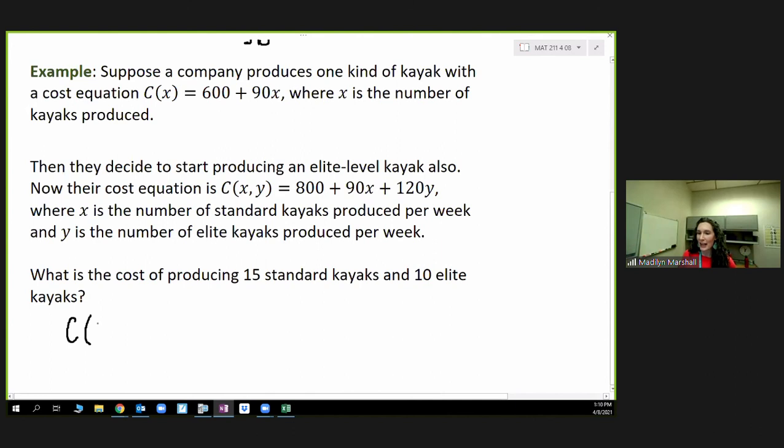We would say 15 is the number of standard kayaks, so that's our x value, and 10 is the number of elite kayaks, so that is our y value. So we plug in these, we say C of 15, 10, because those are our x and y, and we would exactly plug them in as we're seeing them.